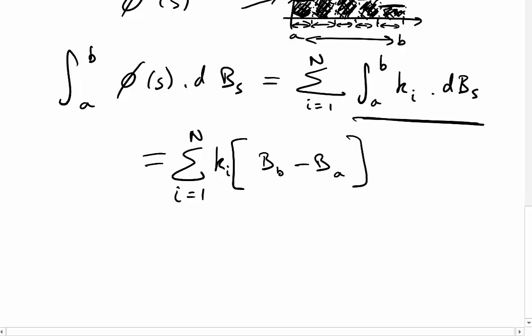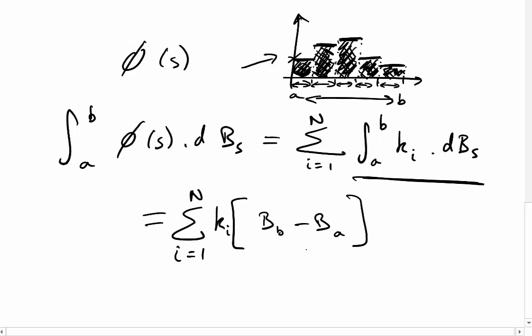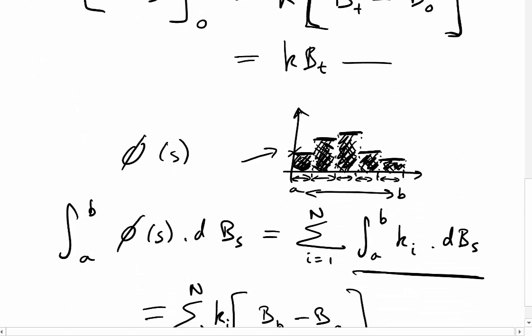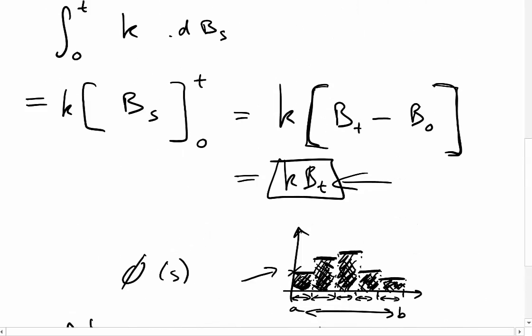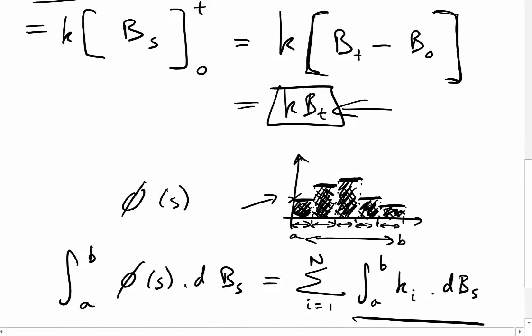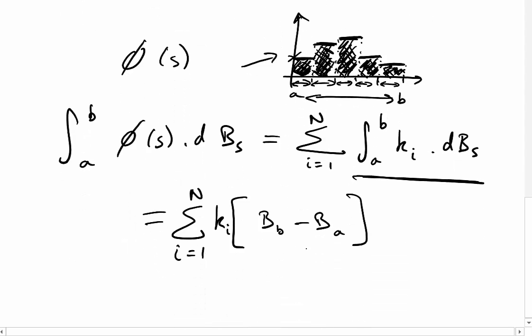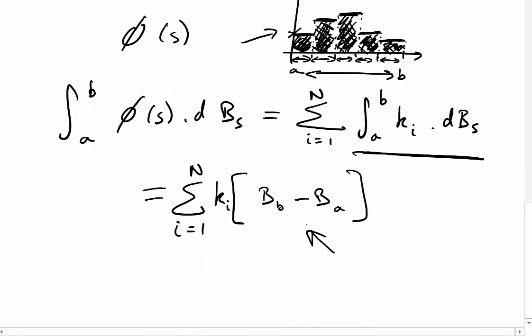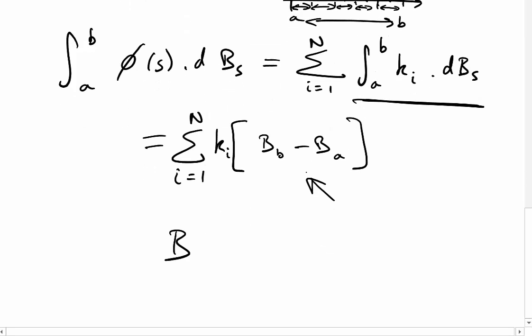So that's basically what it is. It's basically the Brownian motion. Now, what I'm saying in both of these examples, this is kBt. I'm saying that the integral of a stochastic process, an integral of a random variable, is going to be based on Bt. Remember that Brownian motion is distributed via a normal distribution.